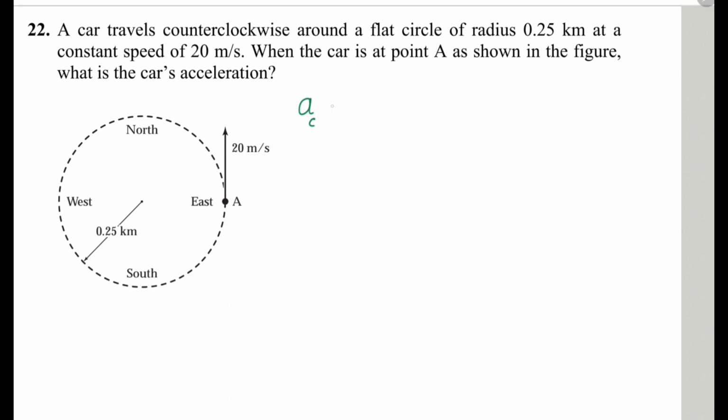So central acceleration equals v squared over r, or 400, because it's 20 meters per second, divided by the radius, 0.25 kilometers or 250 meters. So a central in this case equals 1.6 meters per second squared.